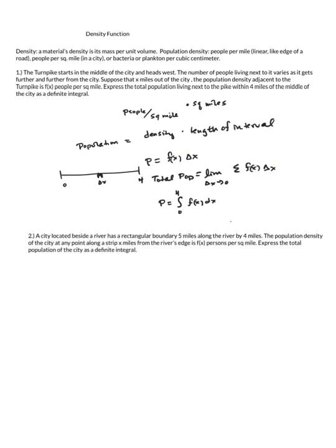Okay, in example 2, we have some city located beside a river. So here's some river. And then we have some city, which has a rectangular boundary 5 miles along the river. So this is 5 miles along the river. I'm just going to put it on this side. And it's 4 miles wide.